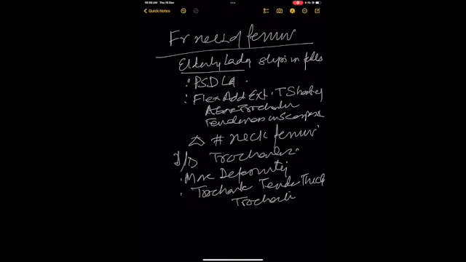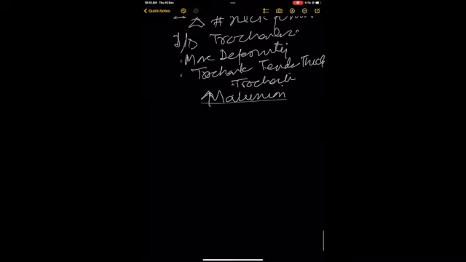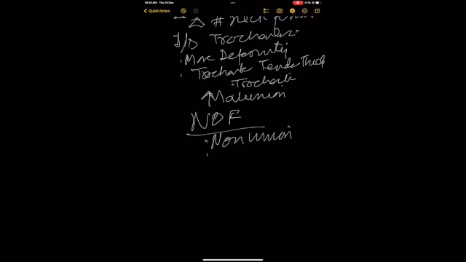The trochanter, if old, will malunite, and the complications of neck femur are non-union, that means you will not be able to raise the limb in air, avascular necrosis, osteoarthritis, osteoporosis.